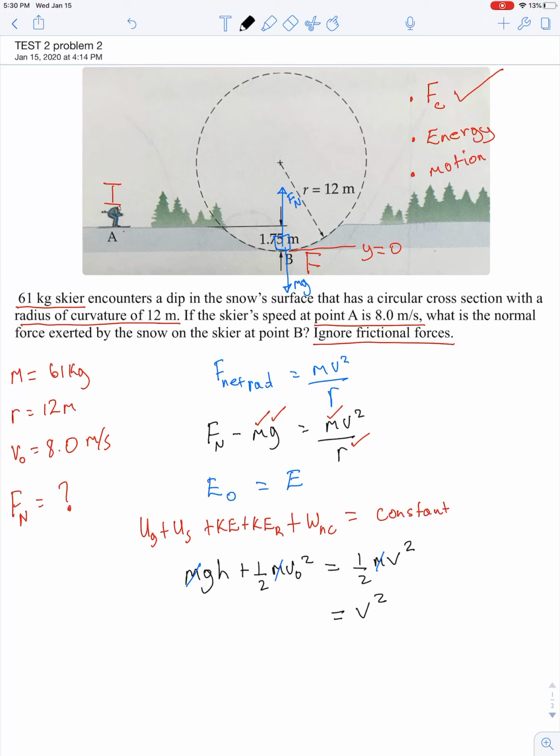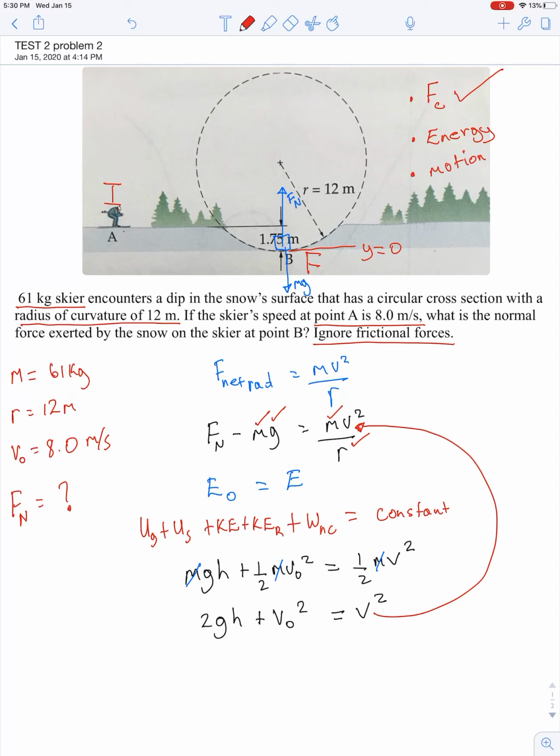V squared is isolated, so my life is nice and sweet. I just multiply both sides by 2. That gives me 2gh plus v0 squared, so my v squared is equal to 2gh plus v0 squared. What do I do with that info? I take it and insert it back here, aka substitute.